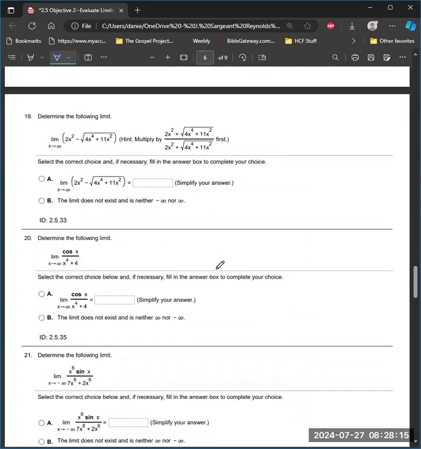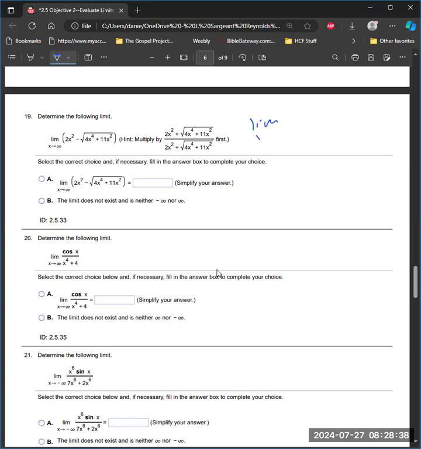Just a few more problems here. Some with square roots, some with trig functions here that we're going to squeeze. So let's go ahead, and they give us the hint here to multiply top and bottom by the conjugate of this thing to find the limit.